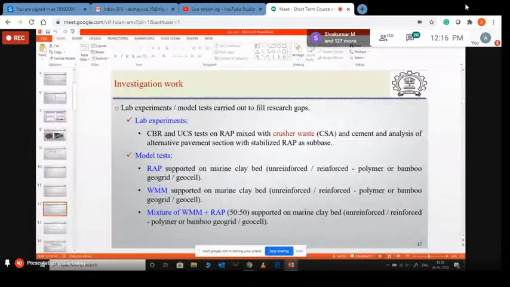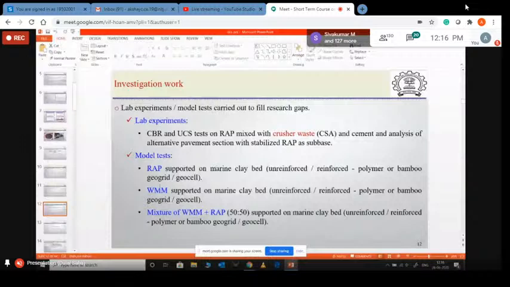This was the tank, and this is the loading plate, 150 millimeter by 150 millimeter. Then we have LVDTs for measuring the deflections, placed diagonally opposite. And loading was by a 10 ton capacity loading frame, which was available in the laboratory and has been used.